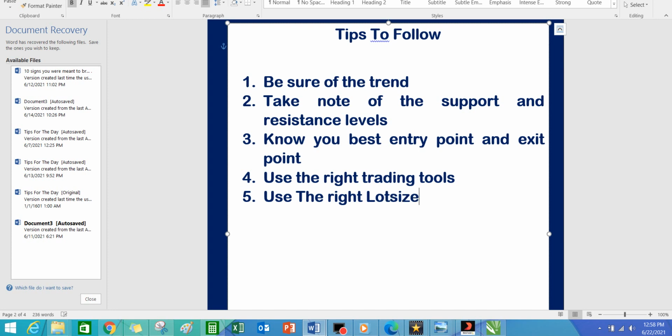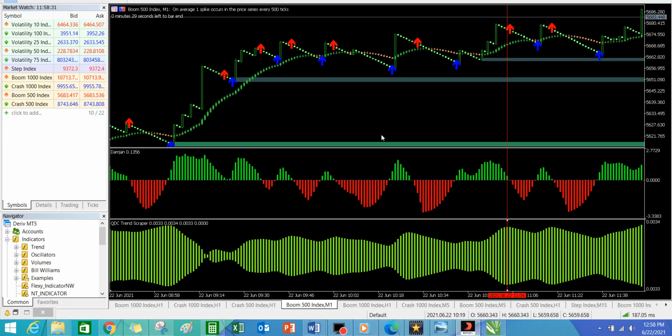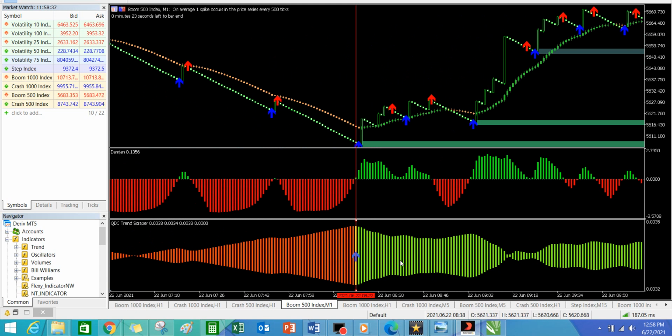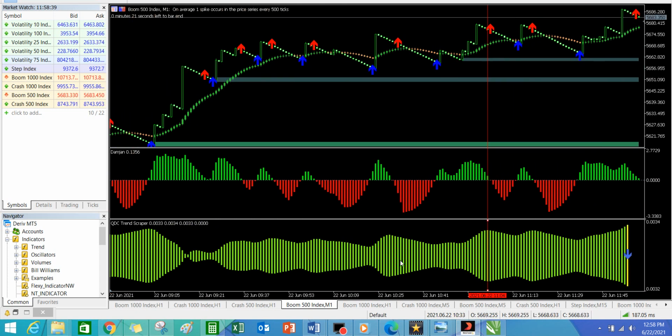So I'm going to show you how to achieve this quickly. Of course, we have the right trading tools, and the right trading tool is the QDC scraper indicator. With it we can easily know the trend. With it we can easily know the support and resistance levels, because I've added them to it. With it we can also easily know our entry point and our exit point.